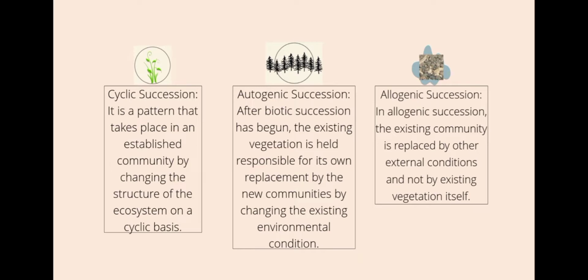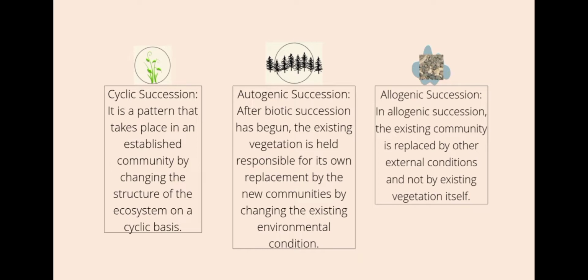Next is the autogenic succession. After biotic succession has begun, the existing vegetation is held responsible for its own replacement by the new communities by changing the existing environmental condition. So ecological succession driven by biotic components of the environment is known as autogenic succession.